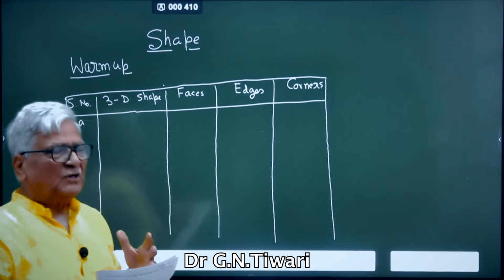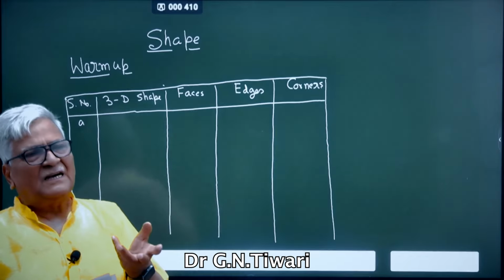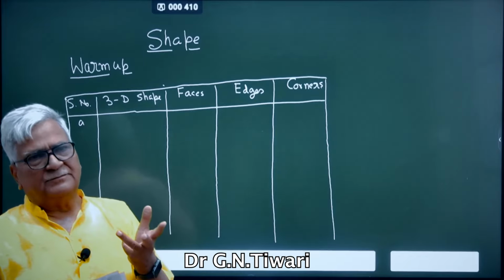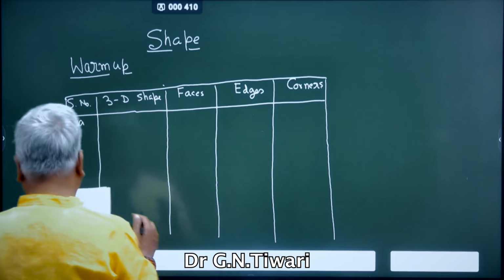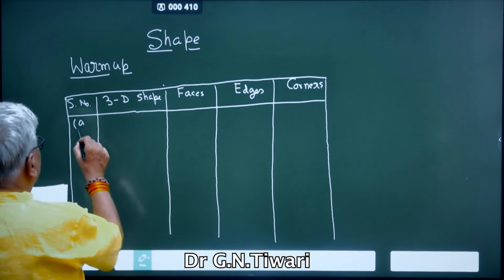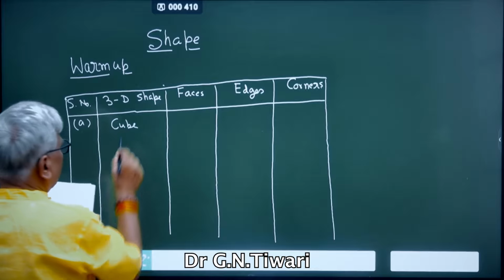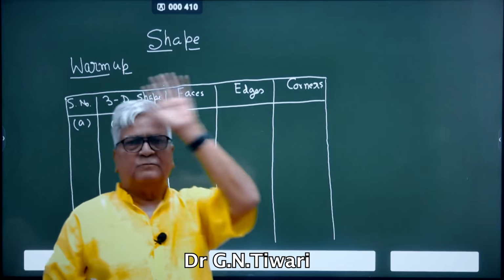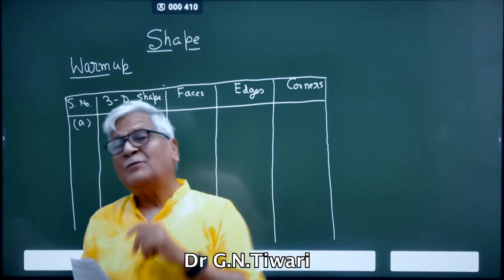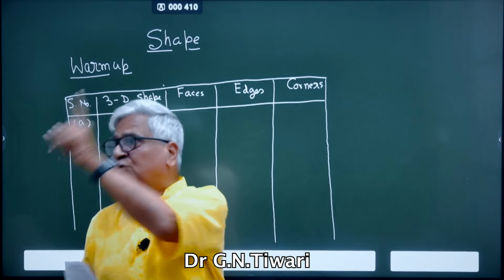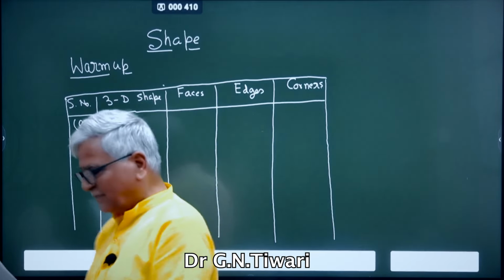For example, a room is in the form of a cuboid or cube. This is very, very important. So first I will write cube. Suppose this is the room. If you go outside, how many faces? 1, 2, 3, 4, 5, 6. So faces will be 6.